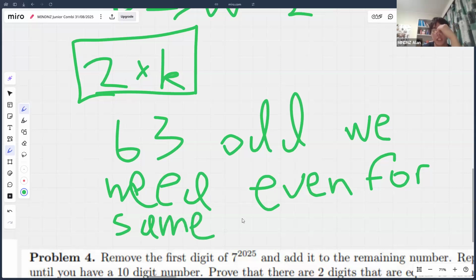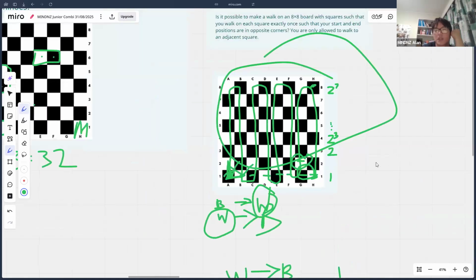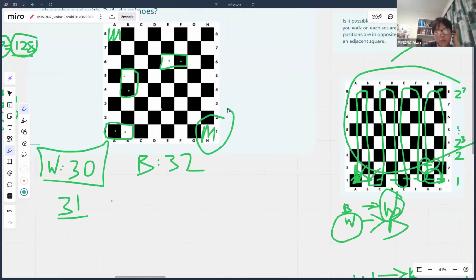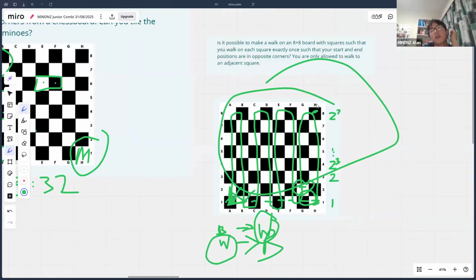So this is a random observation, but have you realized that the opposite corners of a chessboard are the same color? This observation has been used 2 times so far. It's been used in this problem when we remove these two opposite corners, and in this problem where we try to walk across the chessboard to end up on opposite corners.